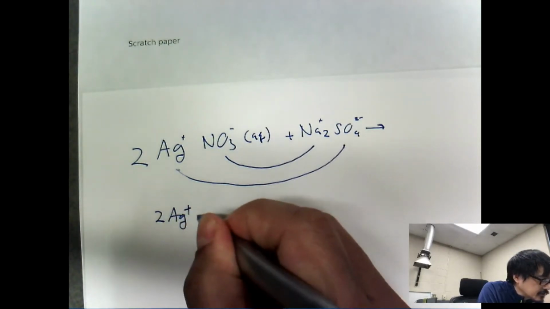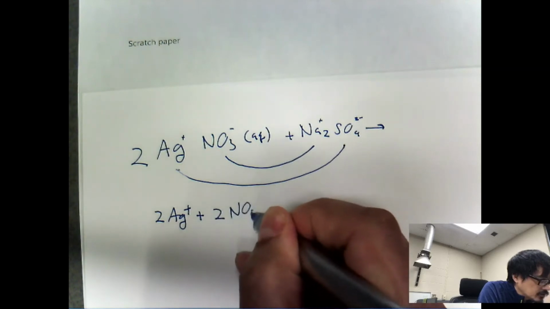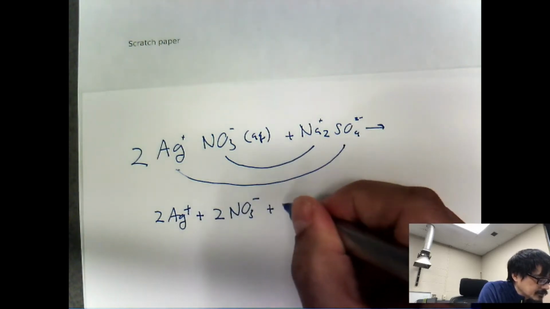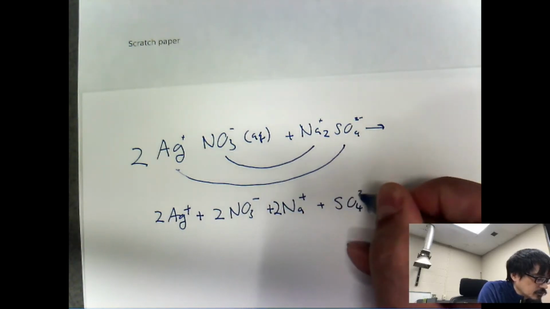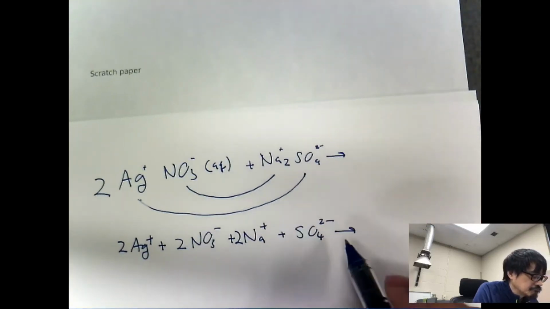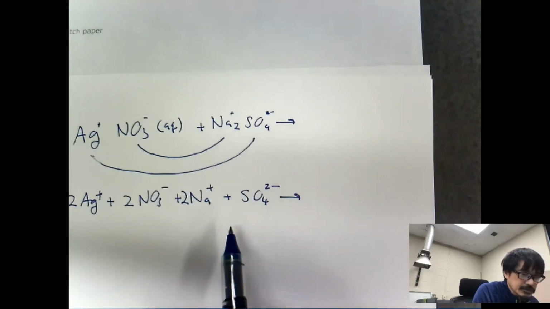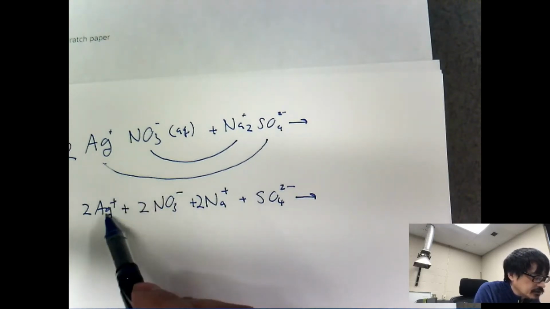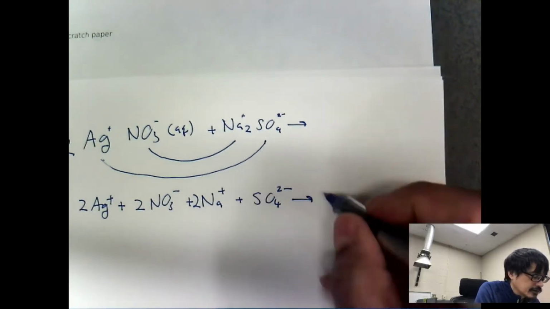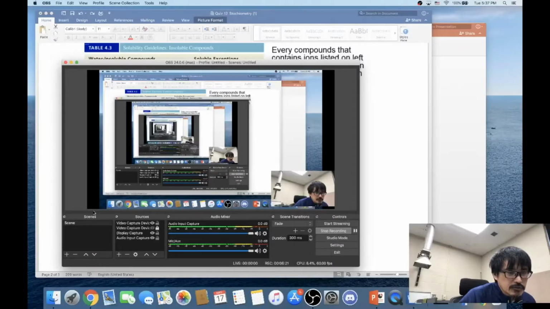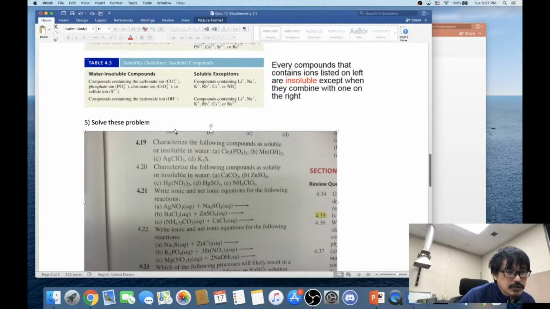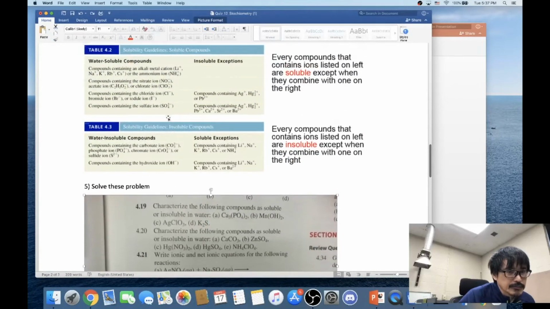Then what does the ionic equation look like? 2Ag plus plus 2 NO3 minus plus 2Na plus plus SO4 2 minus becomes, just gonna move this one. So Ag is gonna pair up with SO4, right? AgSO4, but do I actually have the AgSO4 being solid or AQ?